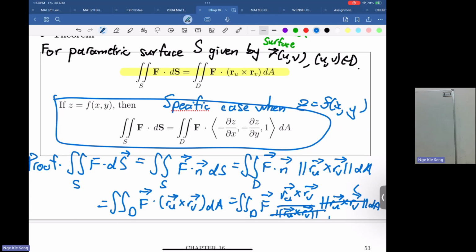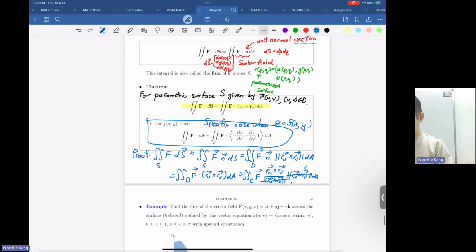But for a magnetic field, I want to get a number. So you need to make your vector into a scalar first. How? You do a dot product with some vector, and the vector you take here is the normal vector. Make sense? This is the difference between the two.